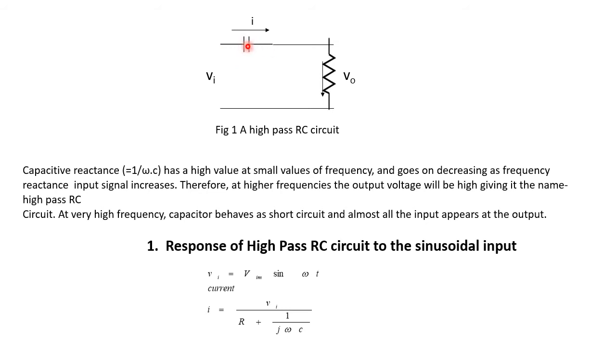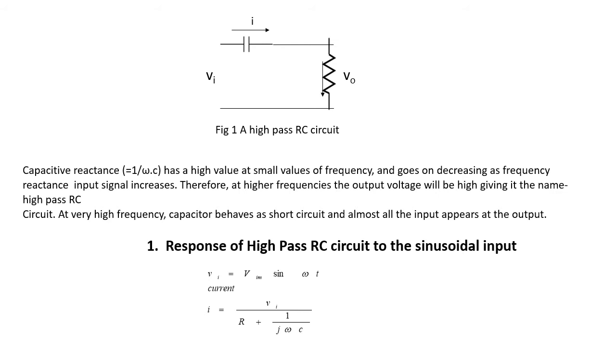So the whole voltage applied at the input will appear across the output resistor. Hence it is called a high pass RC circuit, because it smoothly passes the high frequency signal and blocks the low frequency signal. So this is the significance of why it is called a high pass circuit.